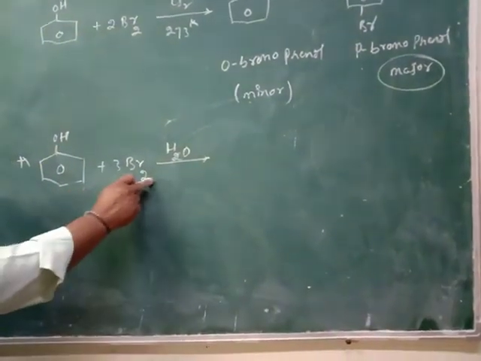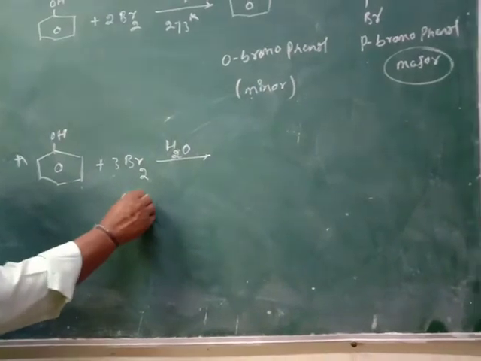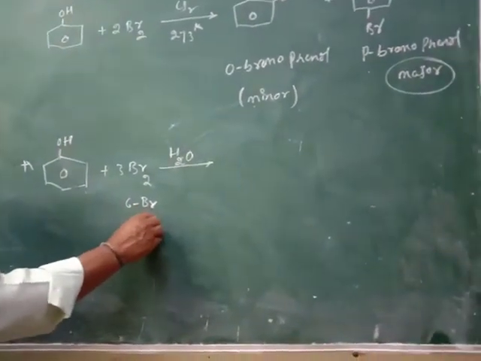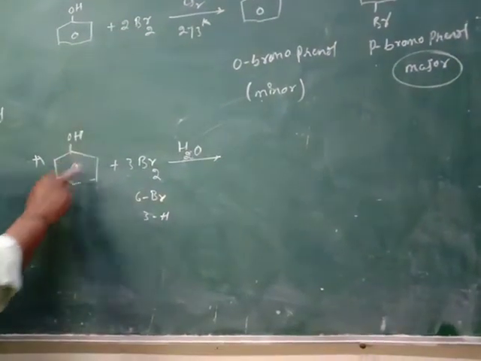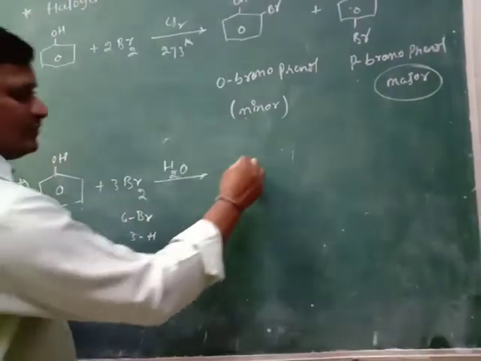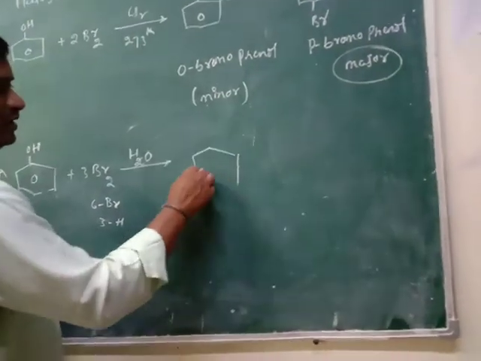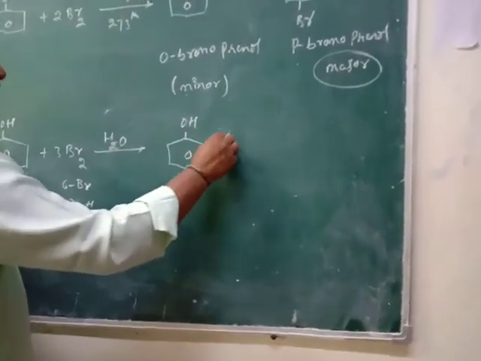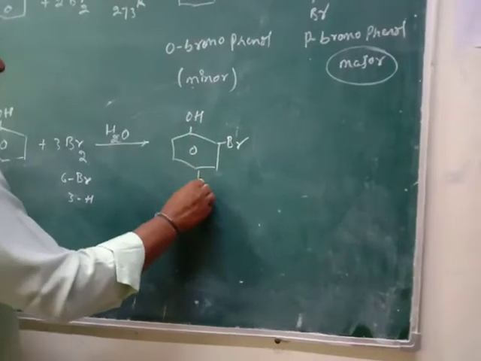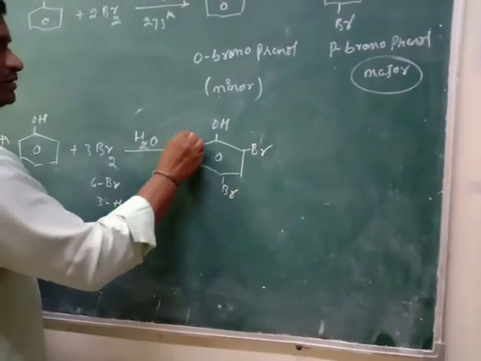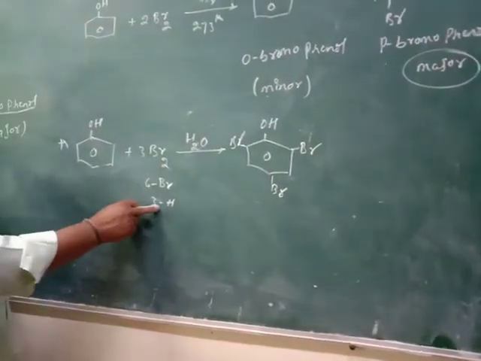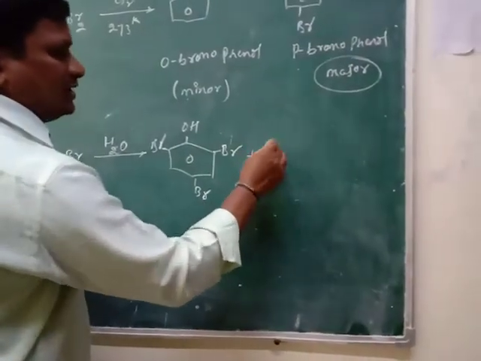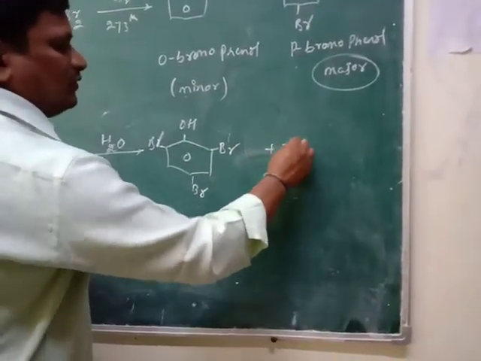The number of bromines is 6, minus 3 hydrogens. The obtained compound has OH, Br, Br and Br. The remaining 3 bromines combine with 3 hydrogens, giving 3 moles of HBr.